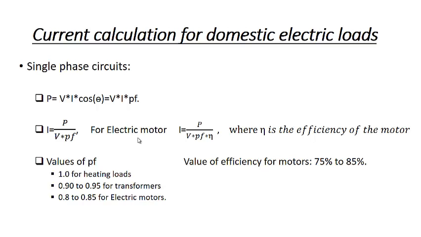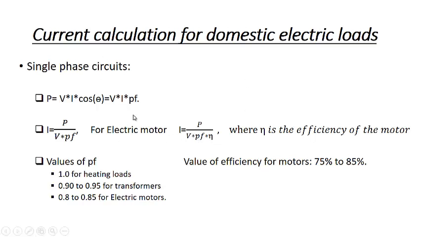Output power and input power are related by the efficiency. So this current will actually be equal to input power divided by voltage and power factor. But the power which is given is the output power, so input power can be given by the output power divided by efficiency.